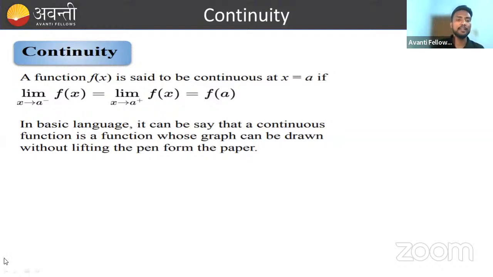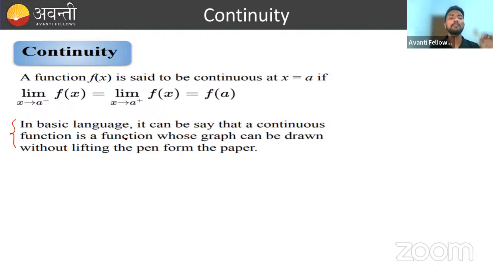So what is continuity? First I will explain it in basic language. If any function is continuous, we should be able to plot the graph of that function without lifting our pen from the paper.